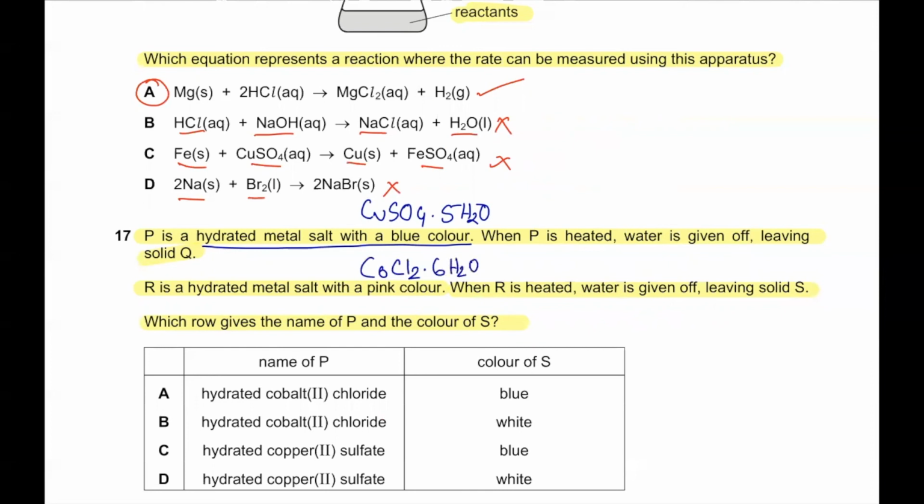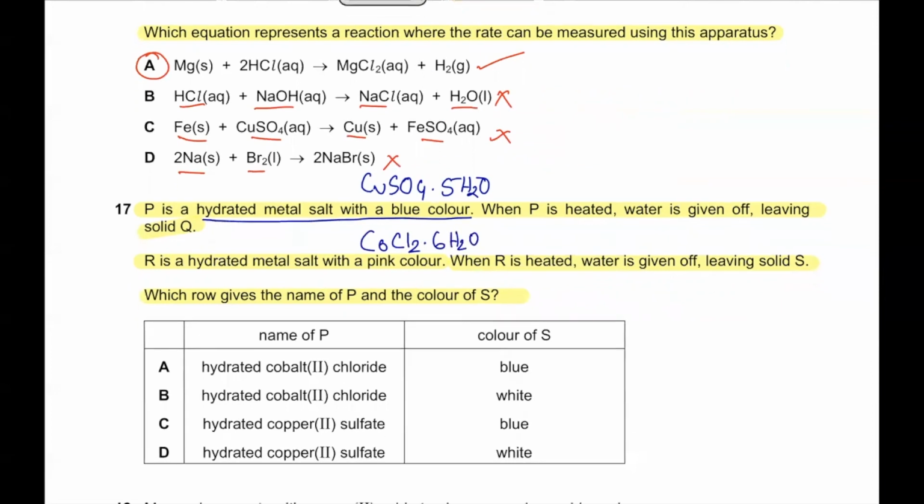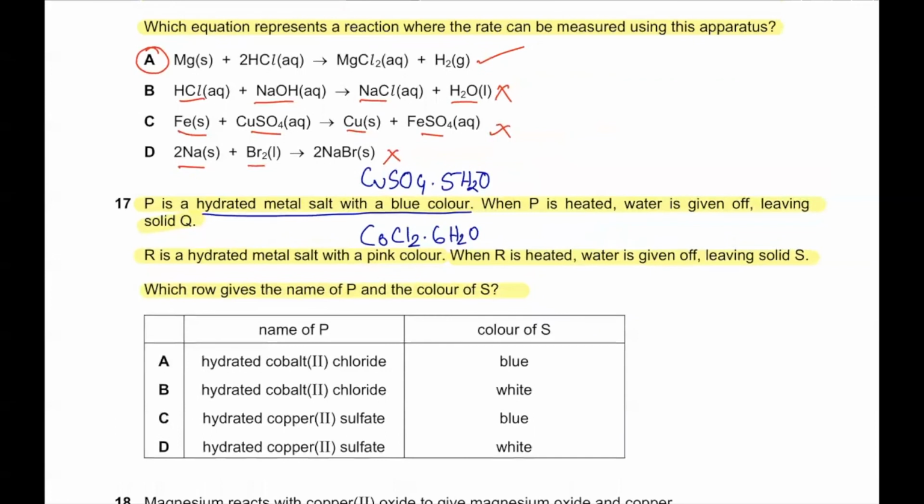So definitely water is given off. Once water is given off, leaving solid Q, this will be only CuSO4, and we know that has a white color. And when CoCl2 is heated, it leaves solid S, which is CoCl2, blue in color.